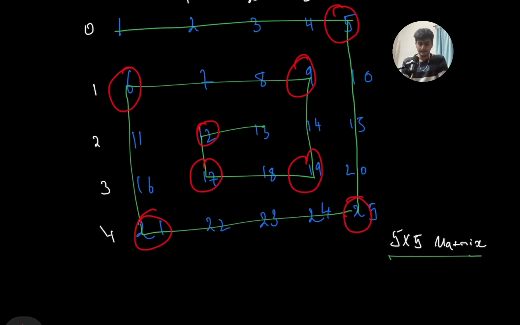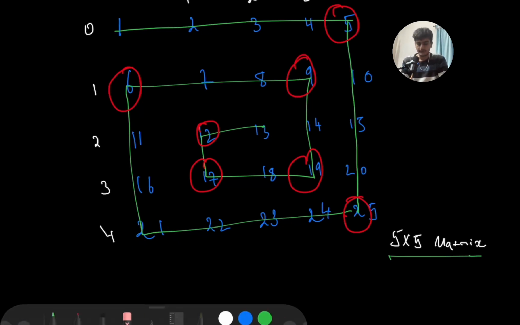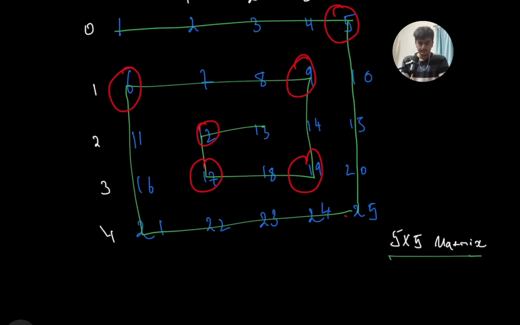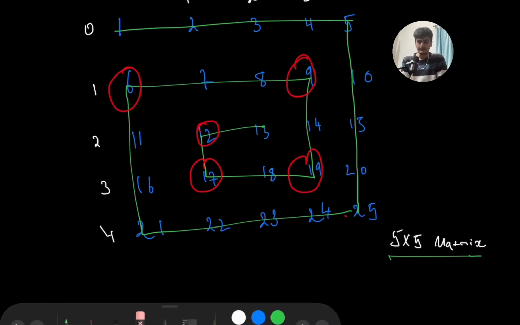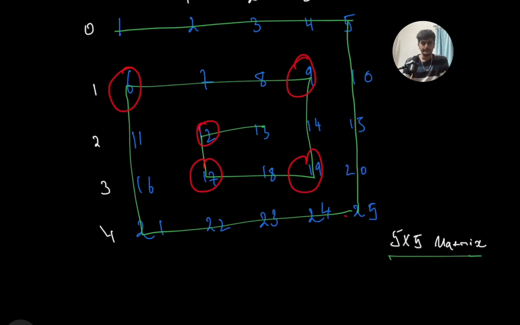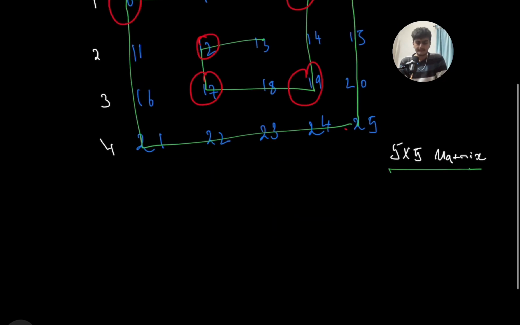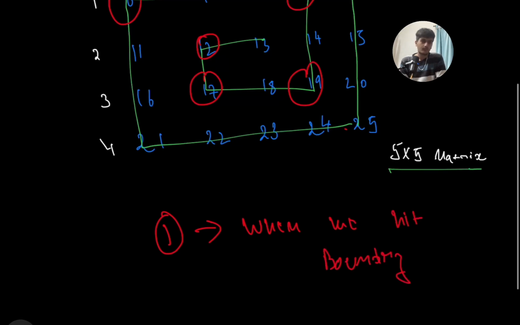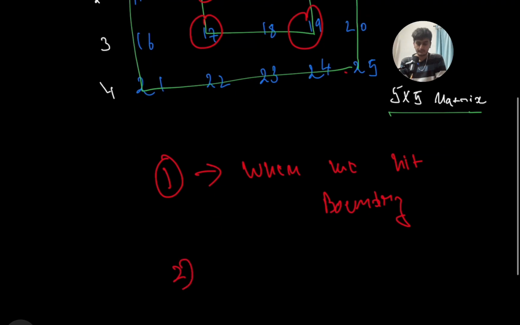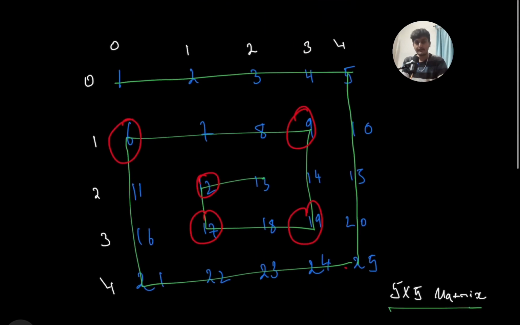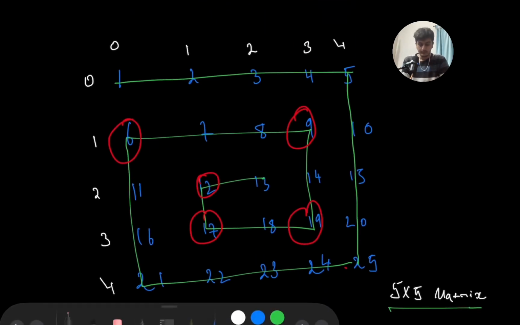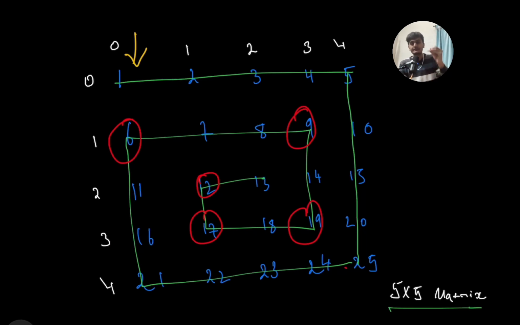These guys are not boundary. So we are changing our direction, number 1, when we hit the boundary, and number 2, when we hit a node that was already visited.